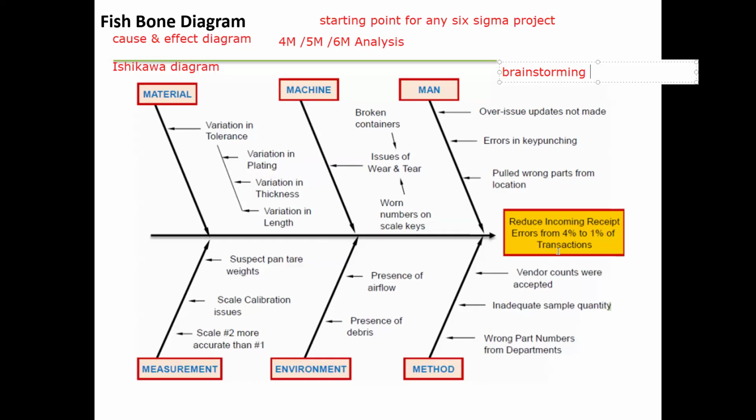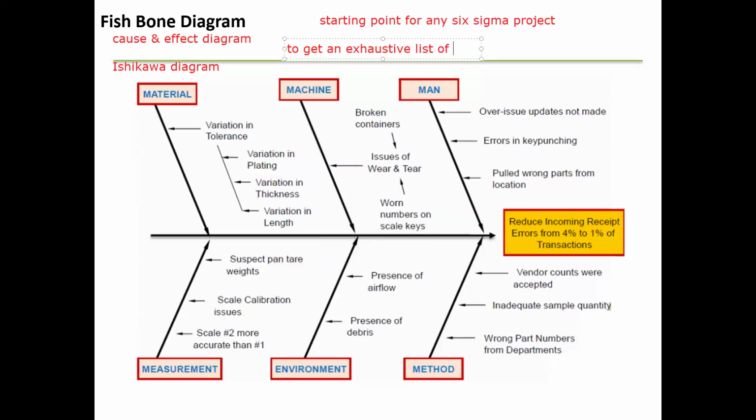And then whatever ideas he has captured on the whiteboard in the Fishbone diagram, he will present as the output for the team. So the main idea of doing a Fishbone diagram is to get an exhaustive list of all the potential root causes for the problem.